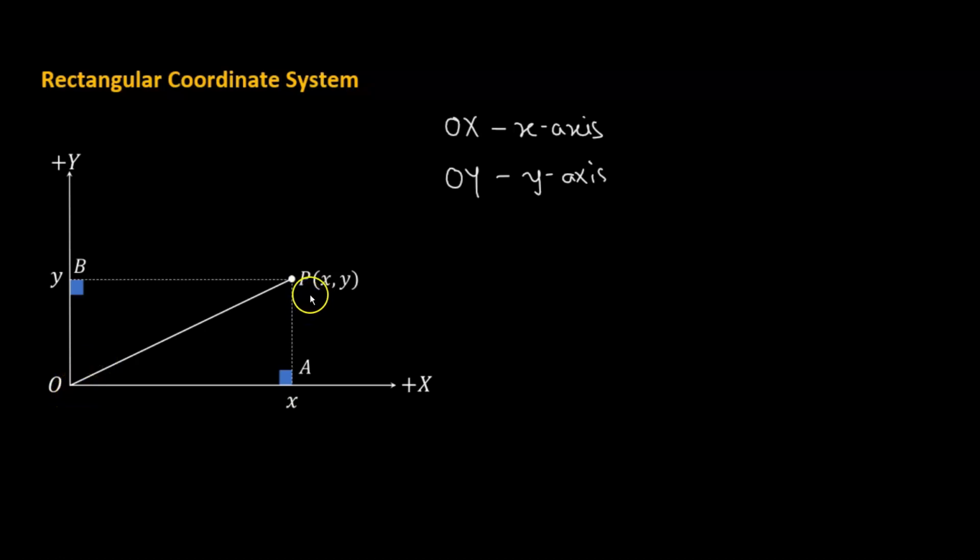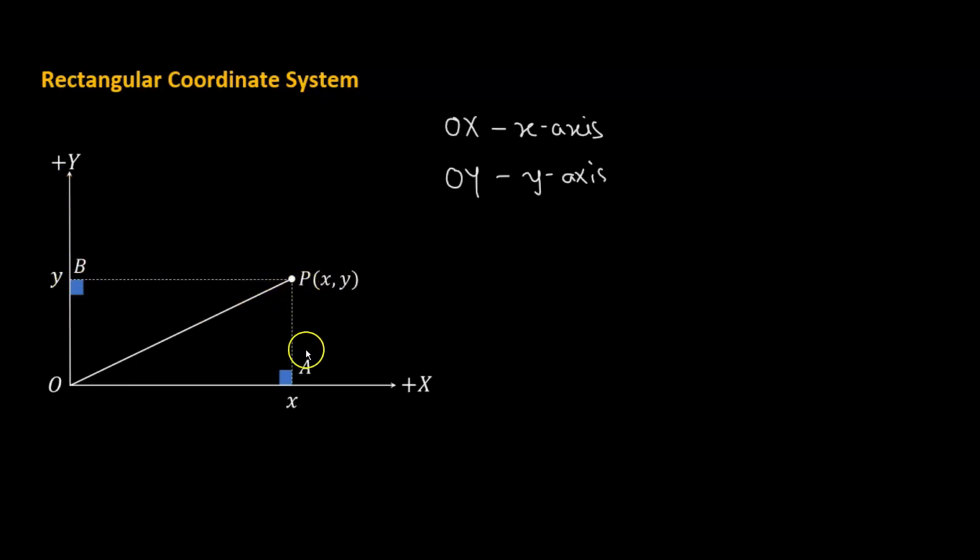Now if we have a point P which has the coordinates x comma y, then the position of this particular point can be determined by dropping two perpendiculars, one perpendicular on the x-axis, so that will be PA, and another perpendicular PB on the y-axis.